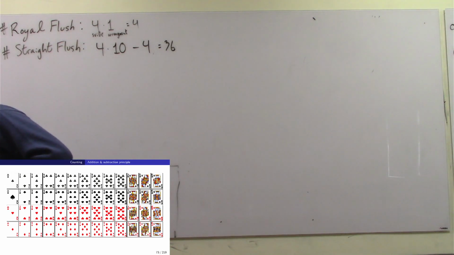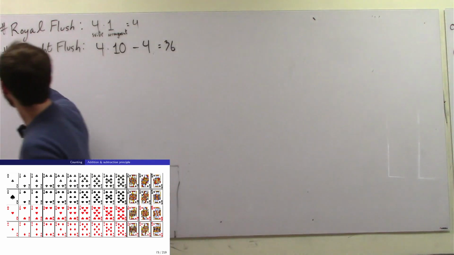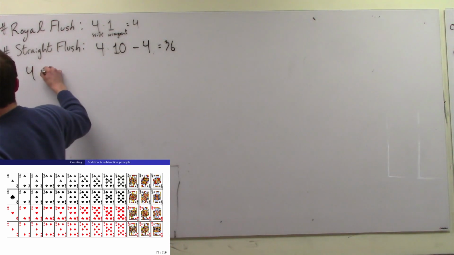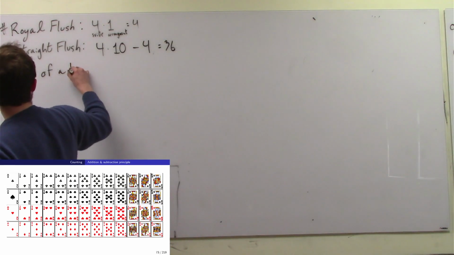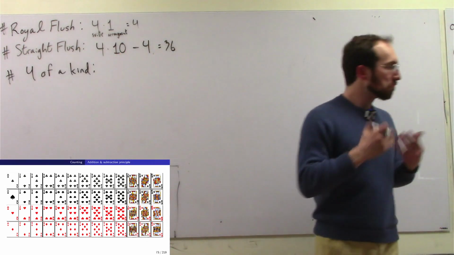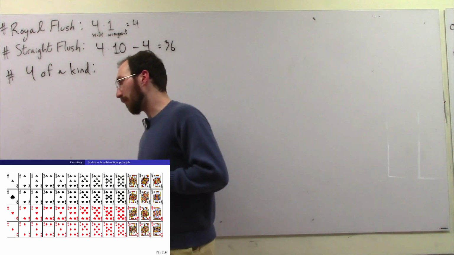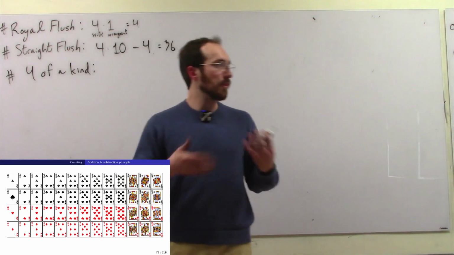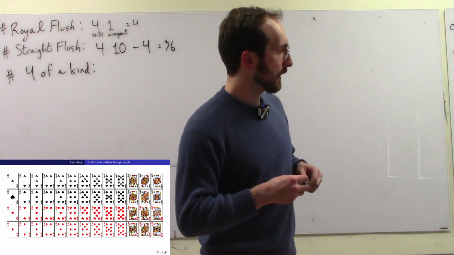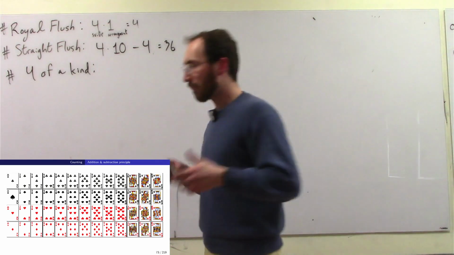So let's get to the next one. Just looking here, the next rarest is a 4 of a kind. So with a 4 of a kind, I want 4 of the same rank. In that case, the suit doesn't actually matter because we get all 4 suits.